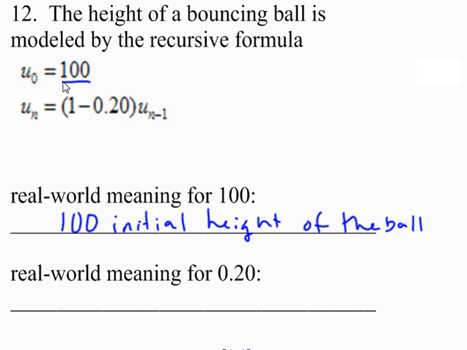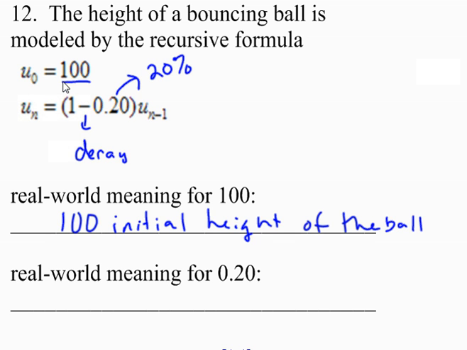Okay. And then what is going on with the 0.2? So you see right away it's 1 minus, which means something's decaying, right? And this is a decimal, which we can easily turn into a percent by multiplying by 100.